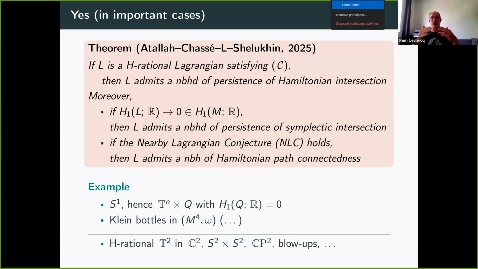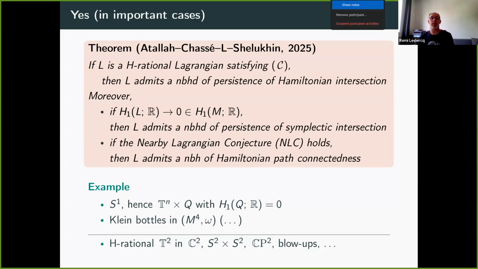If you can prove that for your H rational Lagrangian satisfying this condition, you have a neighborhood of these such that the Lagrangians of interest to you, for example Hamiltonian images of the initial one, are exact when you see them via Weinstein's symplectomorphism inside a neighborhood of the zero section in T star L, then you're done, because then you have intersection with the zero section, and if the nearby Lagrangian conjecture holds, then you have a Hamiltonian isotopy inside the neighborhood.